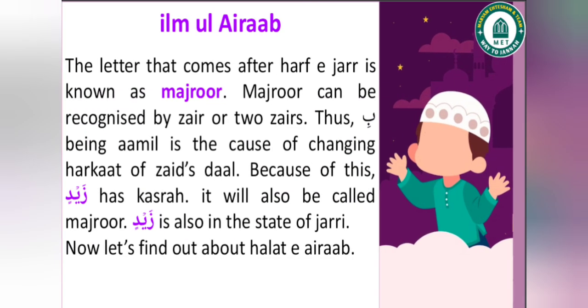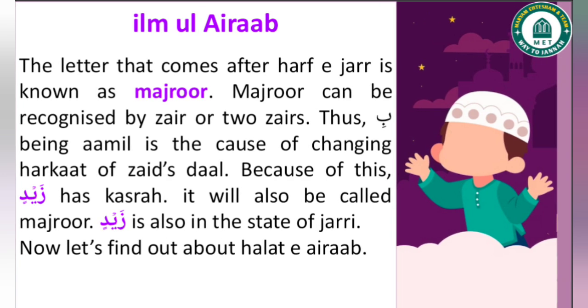The letter that comes after harf jar is known as majroor. Majroor can be recognized by zair or 2 zairs. Thus, B being A'mil is the cause of changing harakat of Zayd's dal. Because of this, Zaydin has kasrah. It will also be called majroor. Zaydin is also in the state of jarri.